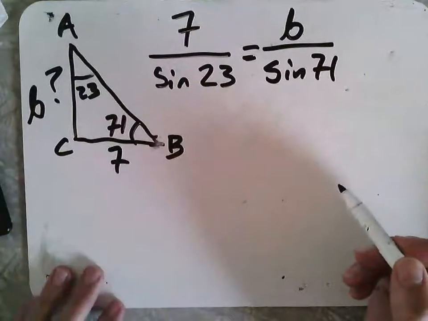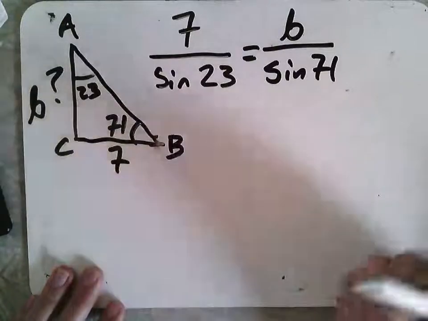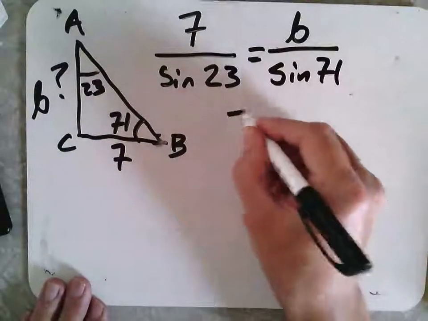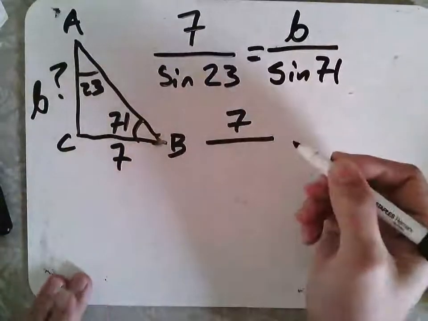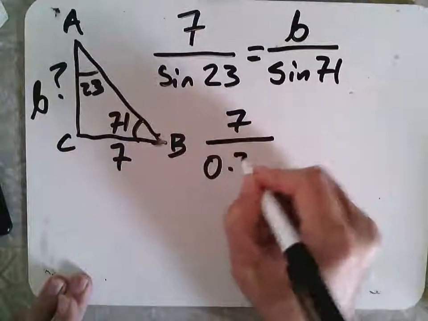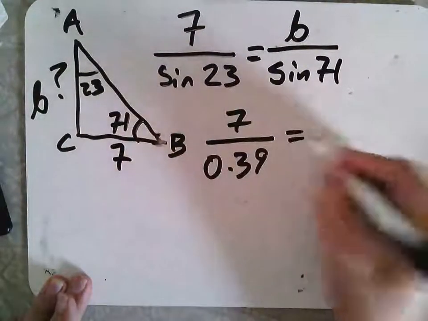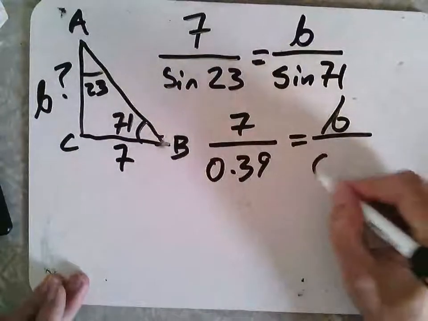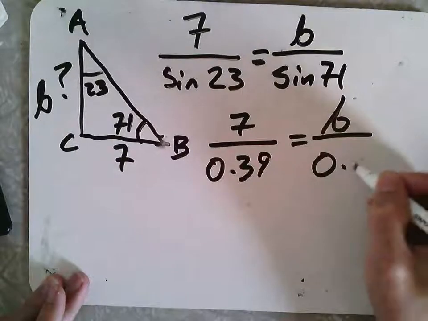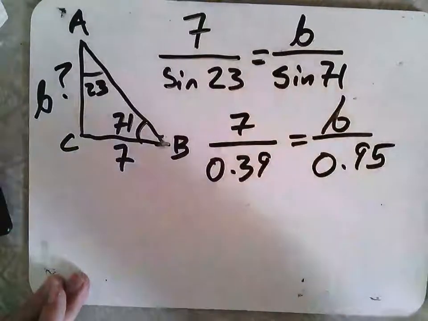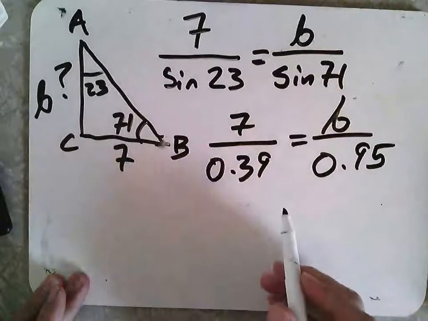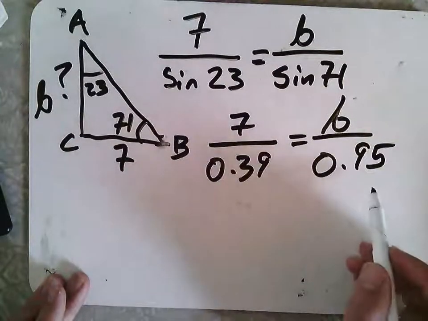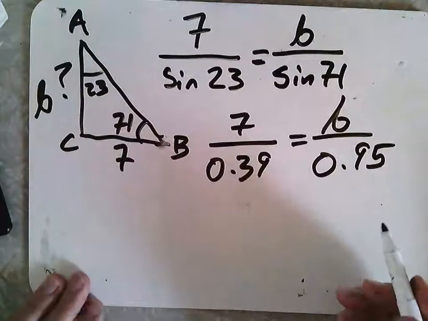So really from here, it's all just kind of plugging these into a calculator and rearranging a little bit. So I'm just going to replace these. The sine of 23 equals about 0.39, and keep that B there. And the sine of 71 is about 0.95. Okay, now all I have to really do is get B by itself, which just means multiply by 0.95 on both sides.